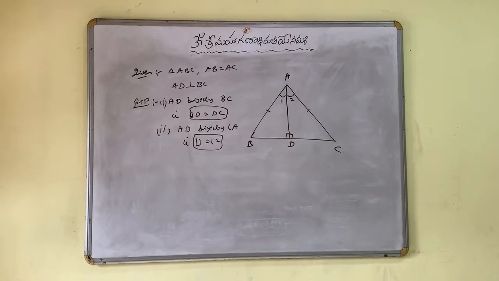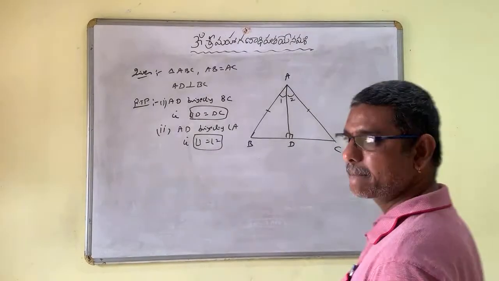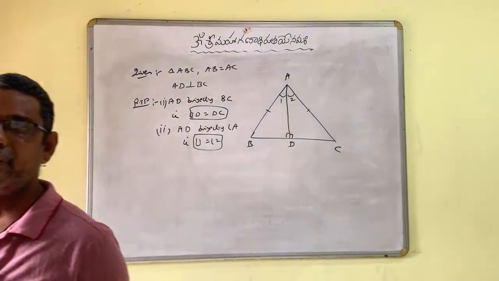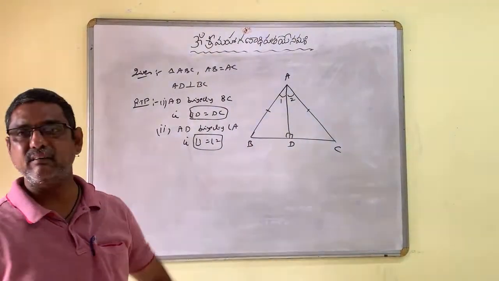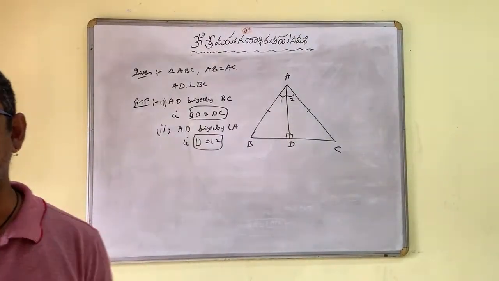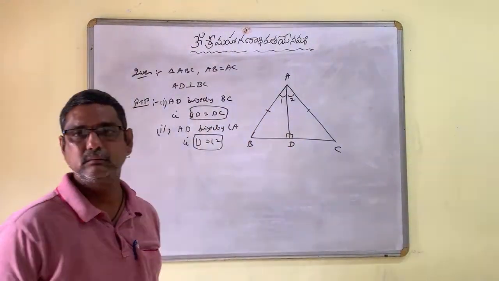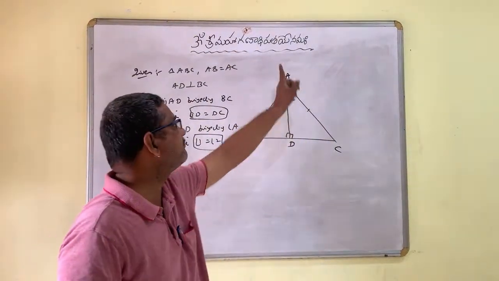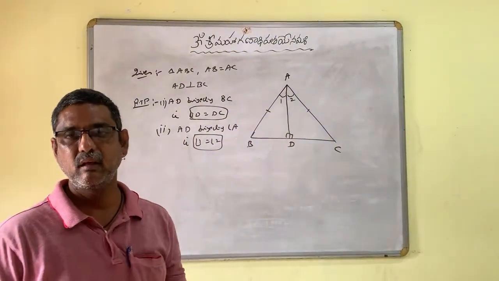I told you in the class, see, BD is a part, we need to prove BD is equal to DC, is that right? Okay. Now BD is a part of which triangle? It is triangle ABD. And DC is a part of triangle ACD.